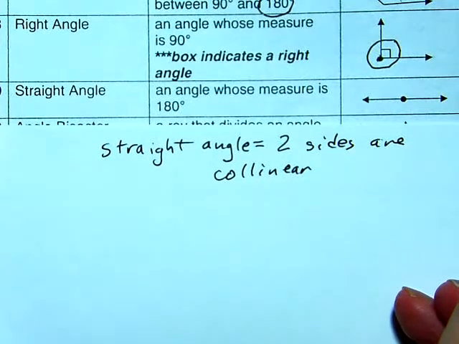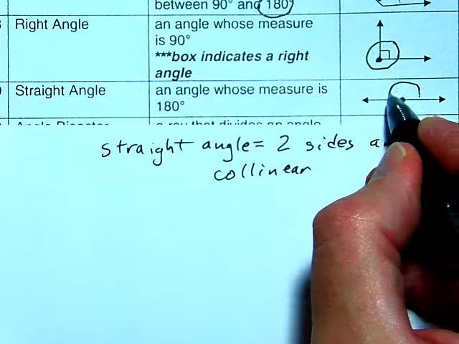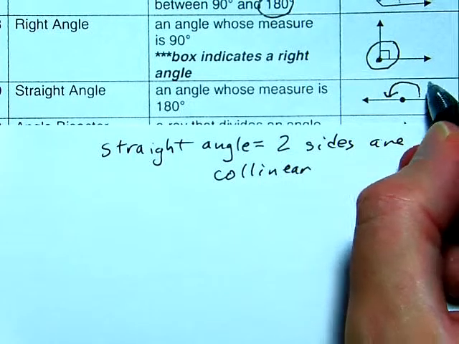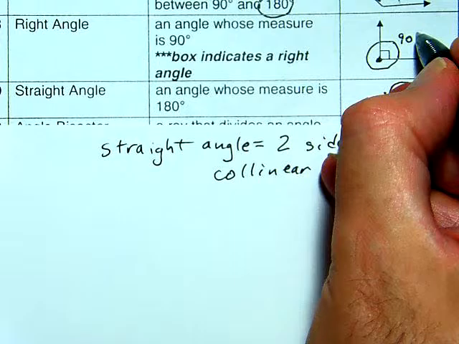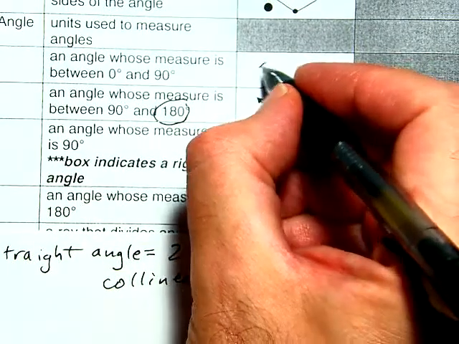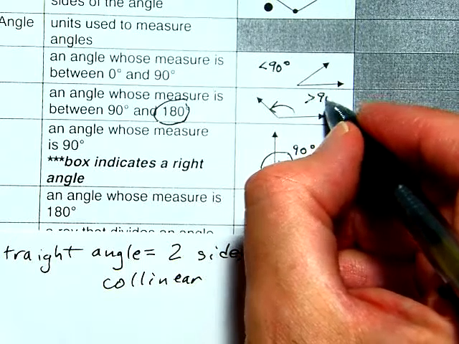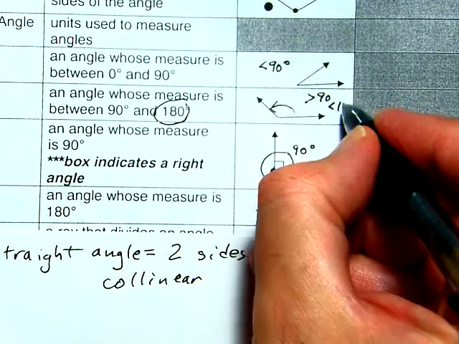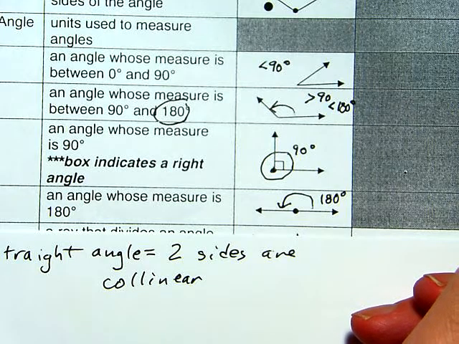You then have a straight angle, and the degree measure of a straight angle is 180 degrees. So we had 90 degrees for this one. We had less than 90 degrees for an acute angle, and we had greater than 90 but less than 180 degrees for an obtuse angle.